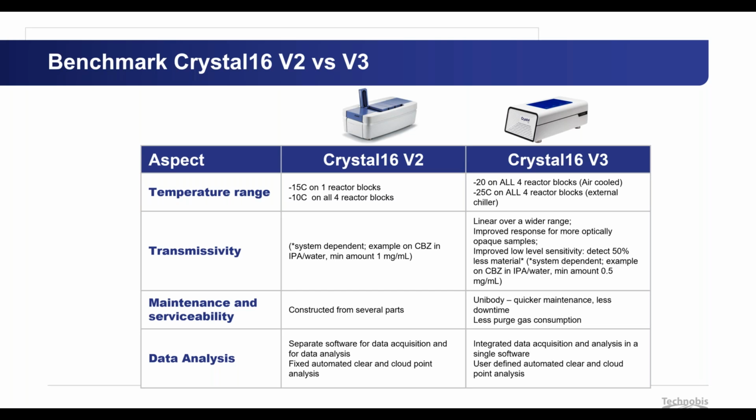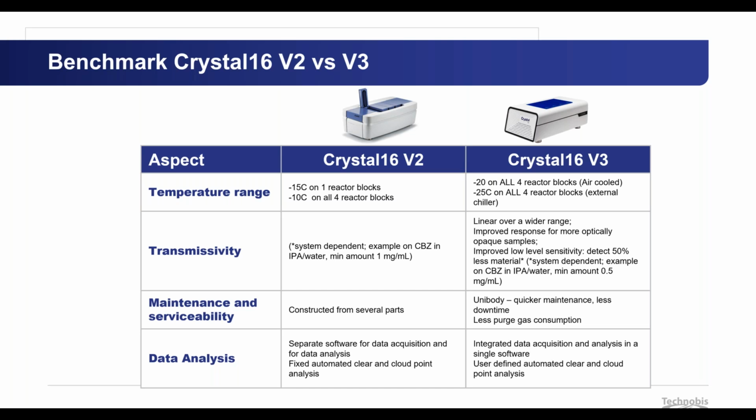Transmissivity, of course, depends on the concentration that you can detect. It depends on the compound that you are using. Of course, it's compound dependent, but for example, carbamazepine is a compound that we use quite extensively for most of our tests. We were able to detect 1-2 milligrams per milliliter.